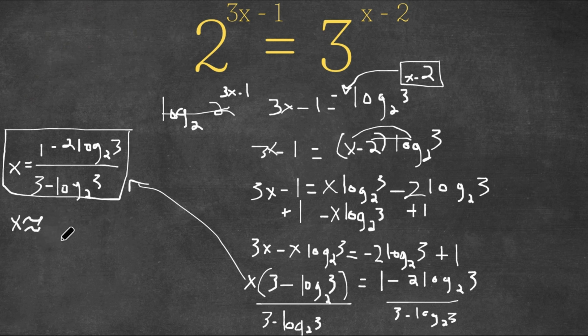So if I use my calculator here, I get negative 2.946. And this is my approximated answer. So this is how you solve this exponential equation.